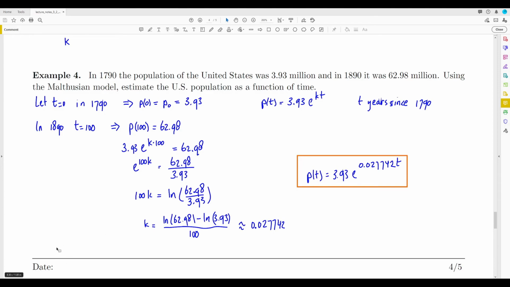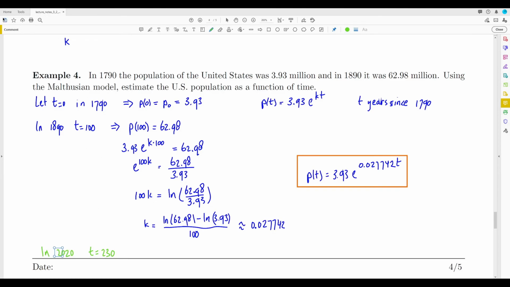Let's see what happens if I plug in the value for, let's say, 2020. In 2020, our t is 230, right? That's 230 years after 1790.